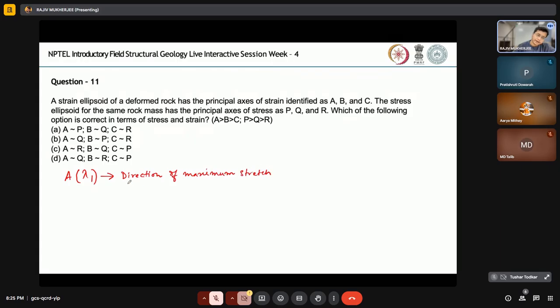And hence minimum shortening. B is equivalent to lambda 2, direction of intermediate stretch, which represents intermediate shortening.